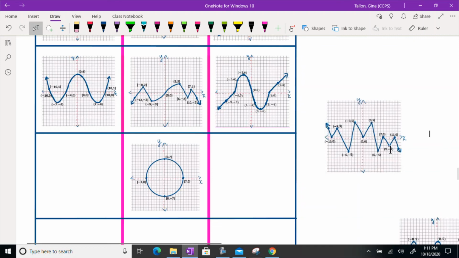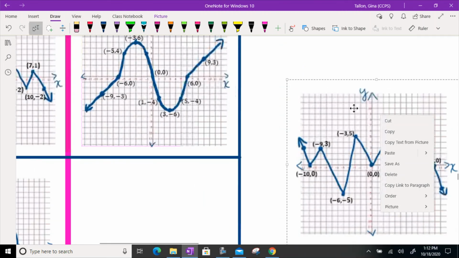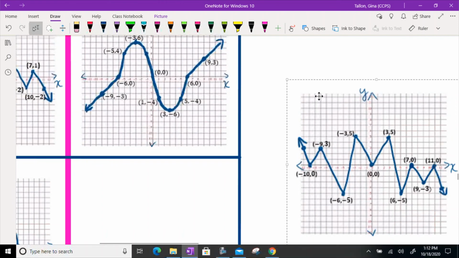But this is a neither category as well. I'm looking at the point 9, -3 becomes -9, 3. That's a good one. That's really good. But 11, 0 doesn't become -11, 0. Oh, did I plot that wrong? Let's see. Well, it's -10, 0.